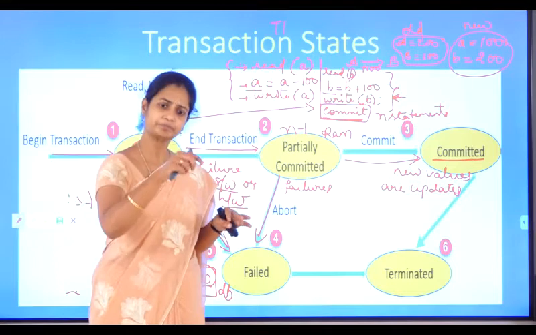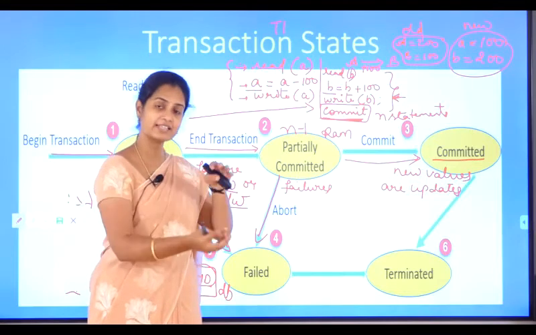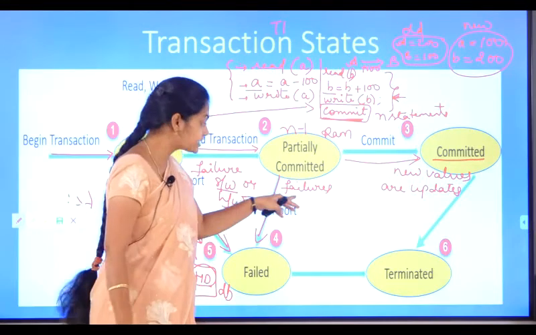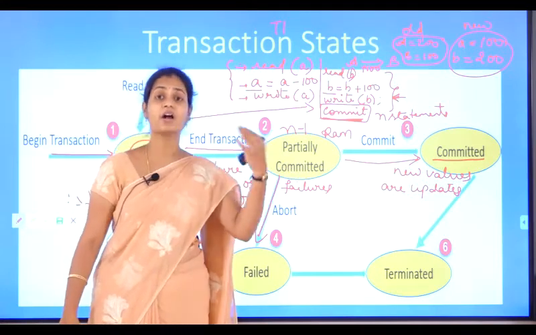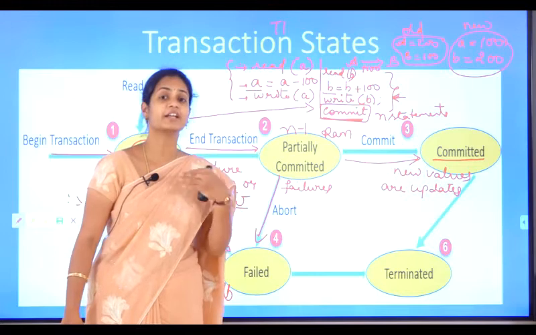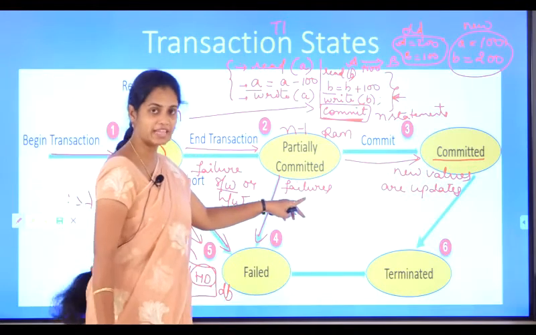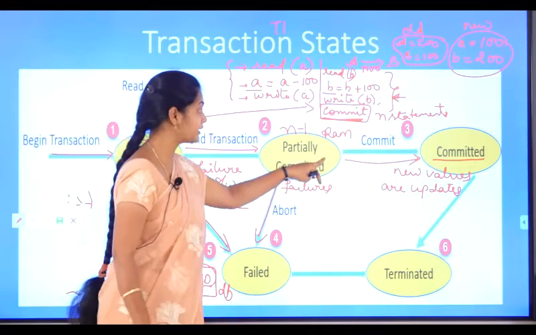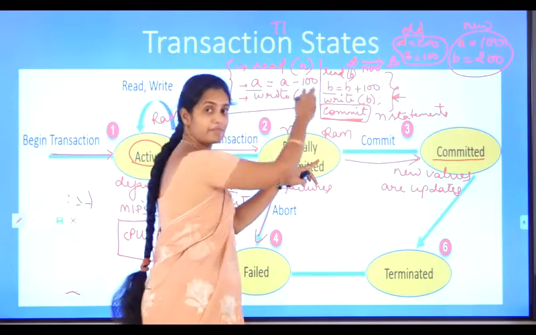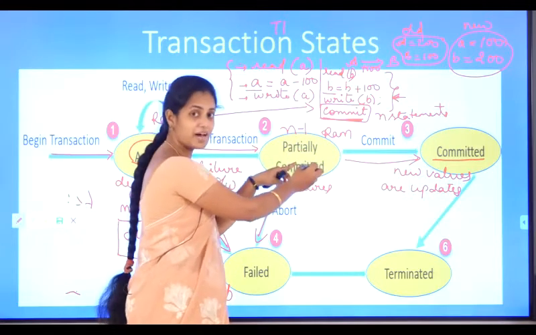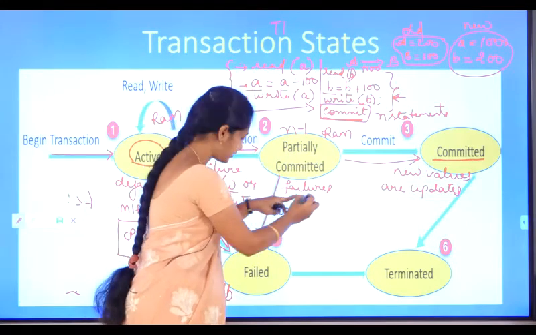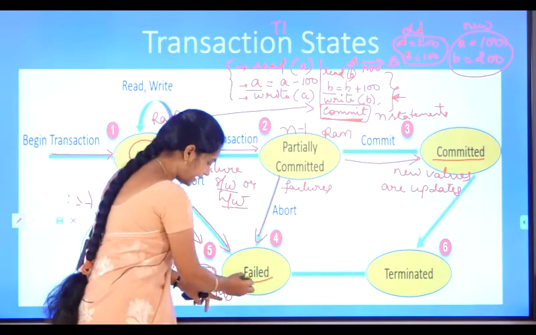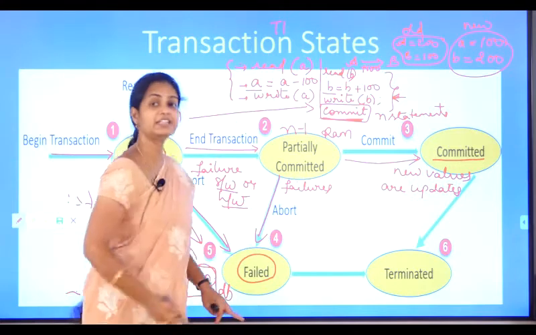Suddenly the power has gone, or the hardware I am using is not working, or the server may not respond to my request. That is also a failure. Here all the instructions I am performing are in the partially committed state. Even at this state, if a failure occurs, it will enter into the failed state.